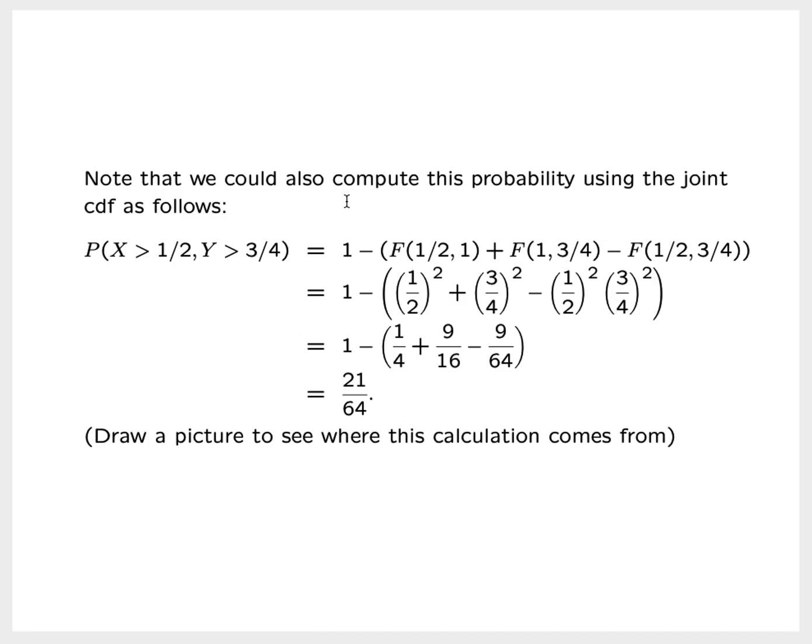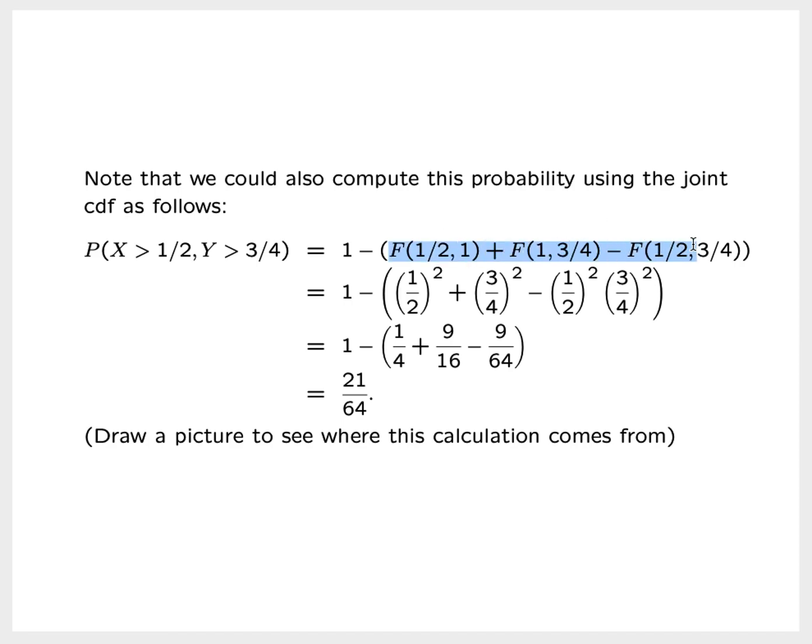We know that the total area under the joint PDF over the sample space is 1. And so this probability is given by 1 minus the CDF evaluated at (1/2, 1), plus the CDF evaluated at (1, 3/4), minus the CDF evaluated at (1/2, 3/4).